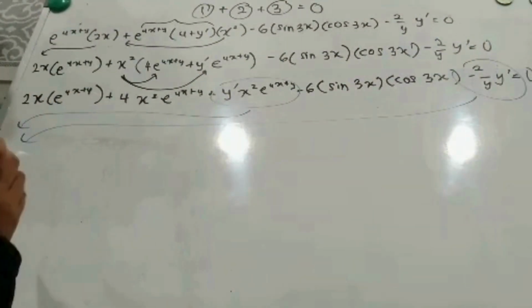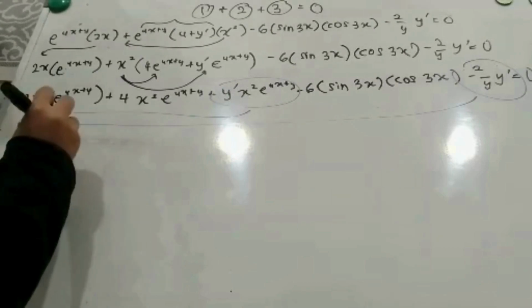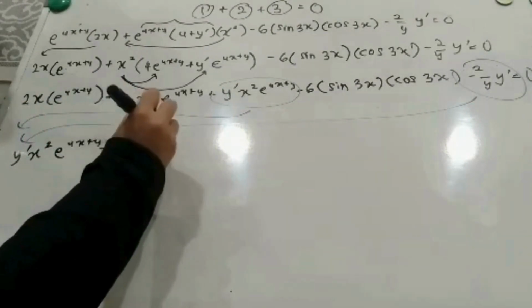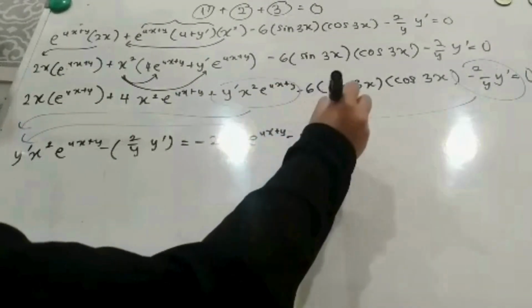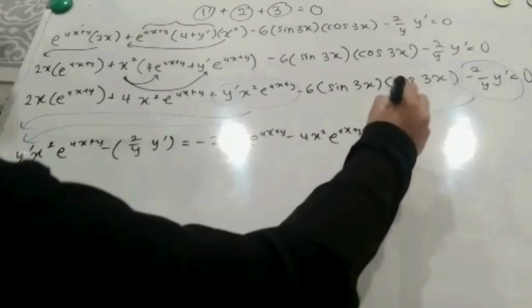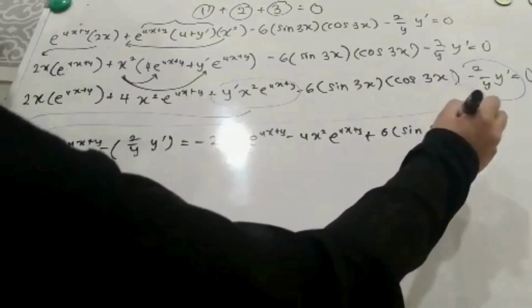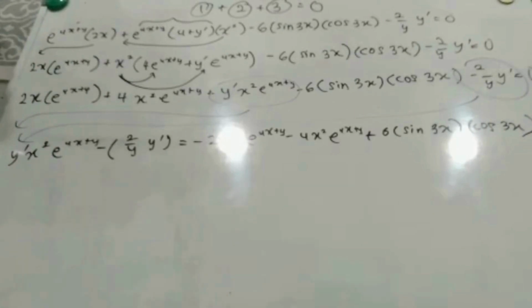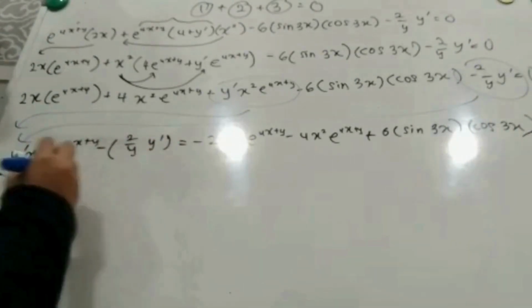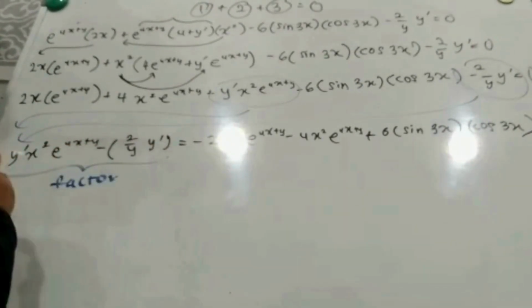We move all the terms that contain y prime to the left side, and the remaining terms to the right side. Then we factor out the y prime from both expressions on the left.